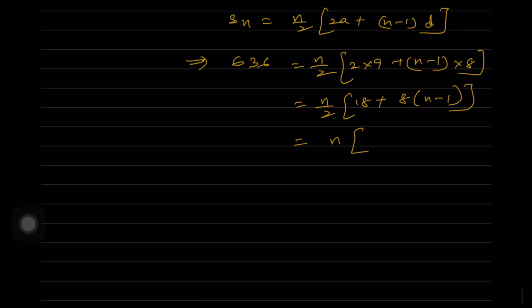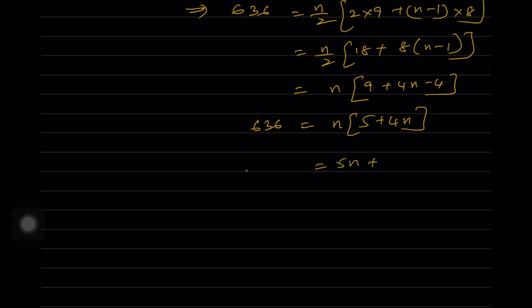So which is equal to n into 9 plus 4n minus 4, which is equal to n into 5 plus 4n, which is equal to 5n plus 4n square. So 636 is equal to 5n plus 4n square.